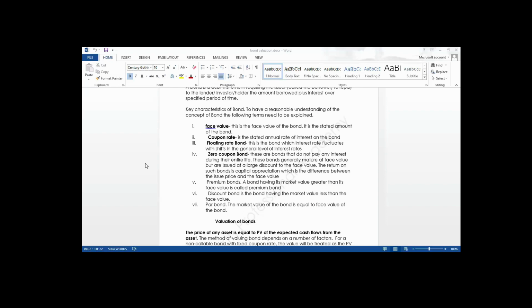Please listen to this very well. That government yield curve cannot be used directly to value corporate bond. You must adjust that government yield curve. The adjustment item is your credit spread.